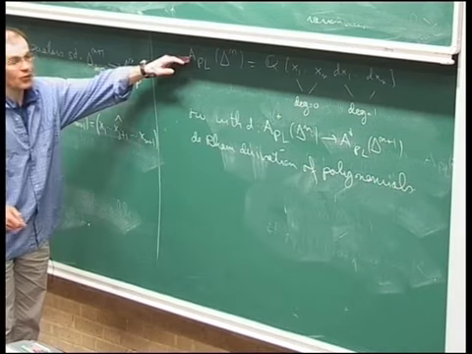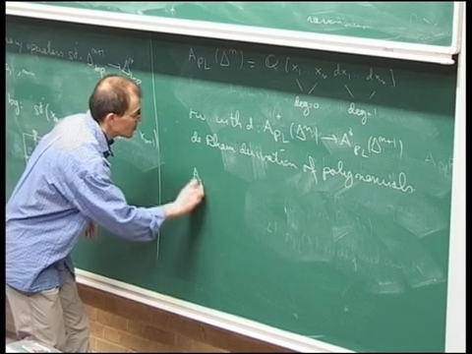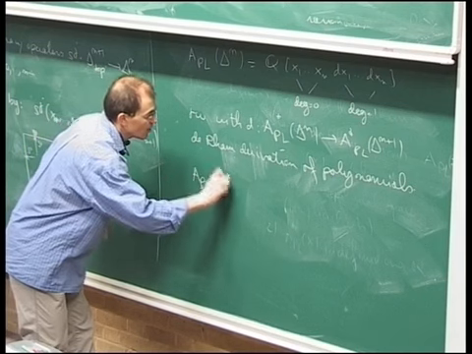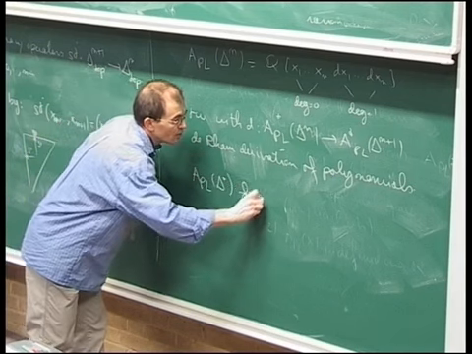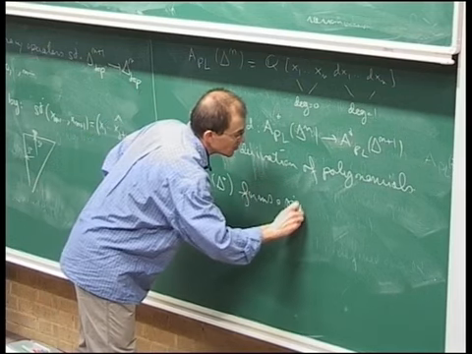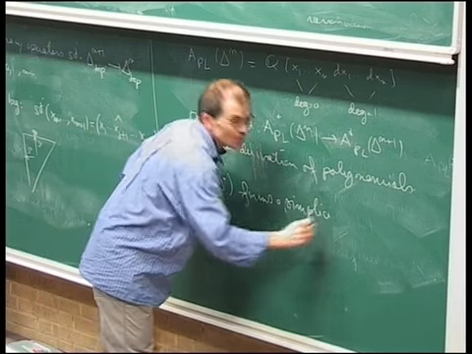So this object forms a simplicial object, delta n to delta n.